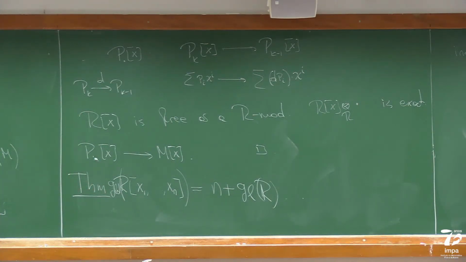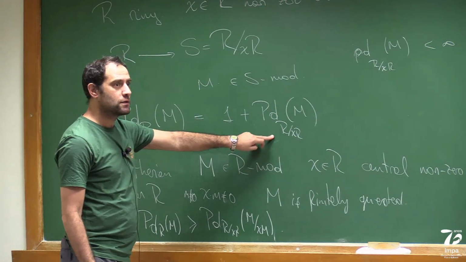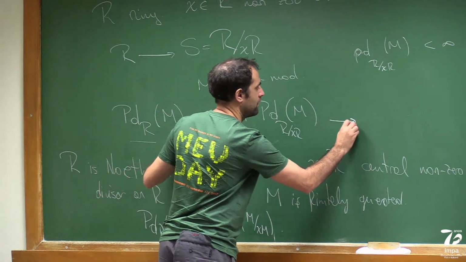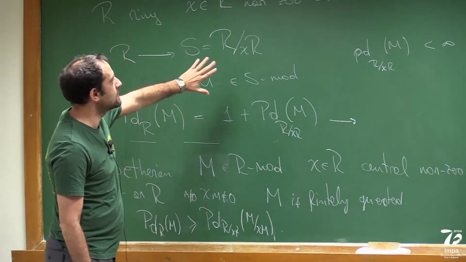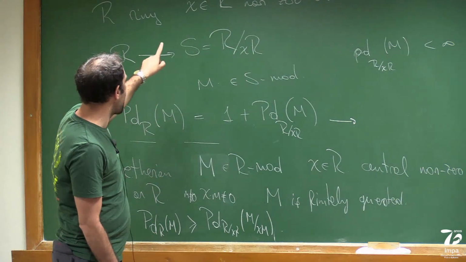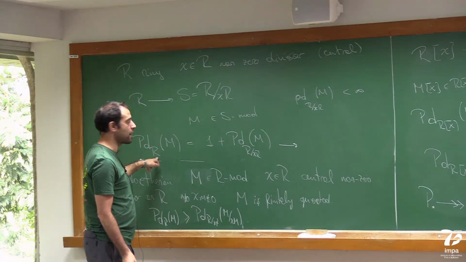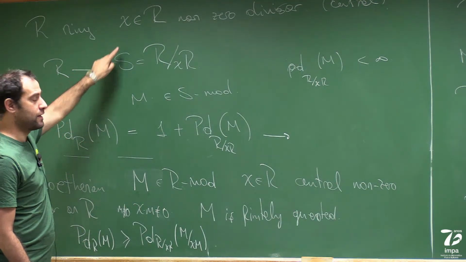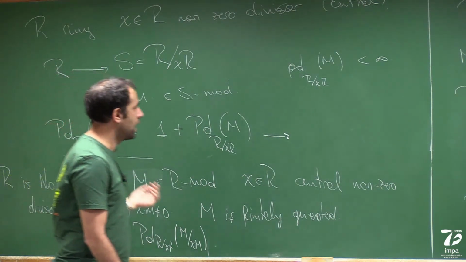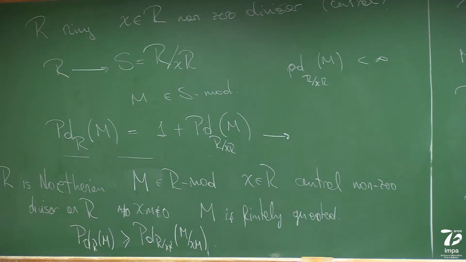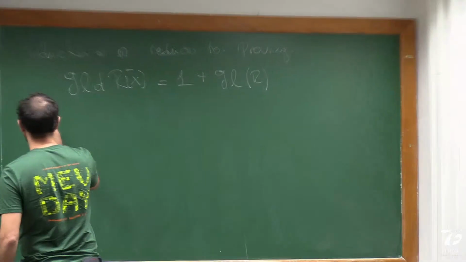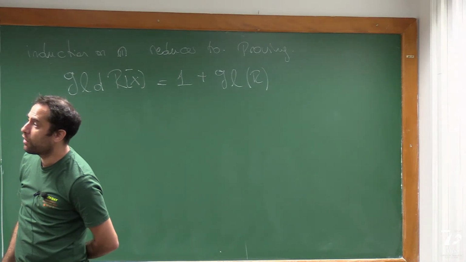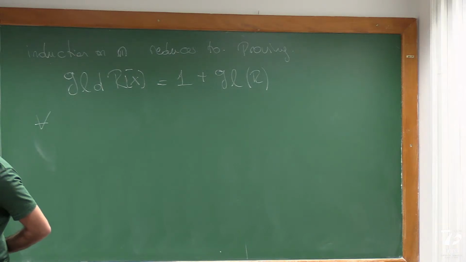Okay, we see that 1 plus the global dimension of something here. So let's apply this theorem that we have in that situation. But this theorem here doesn't have any conditions except that x should be a non-zero divisor on this ring R. So I'm going to take R to be R[x]. x is a non-zero divisor in R[x]. And we see that in that theorem there, this module M is a module over R mod xR.